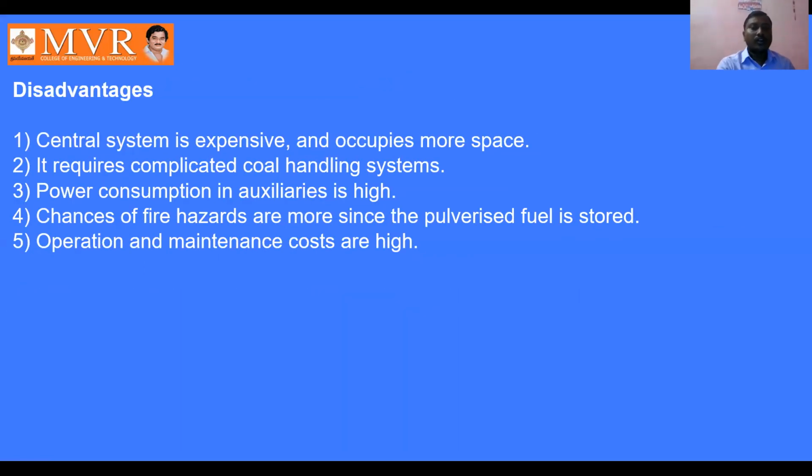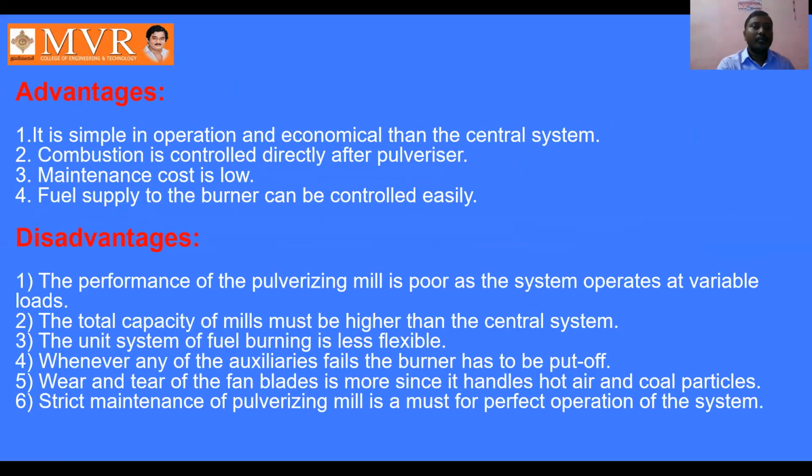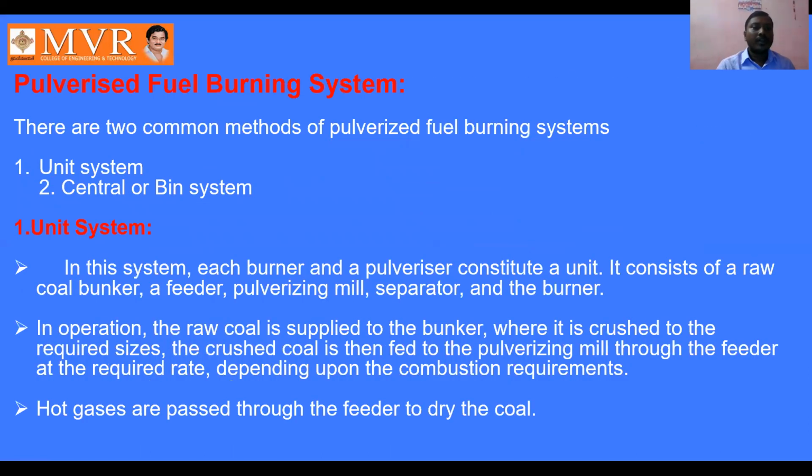See here, this is what we have studied about the pulverized fuel burning system. In a simple way, I can explain it to you. The pulverized fuel burning system is of two types: the unit system and the central or bin system.